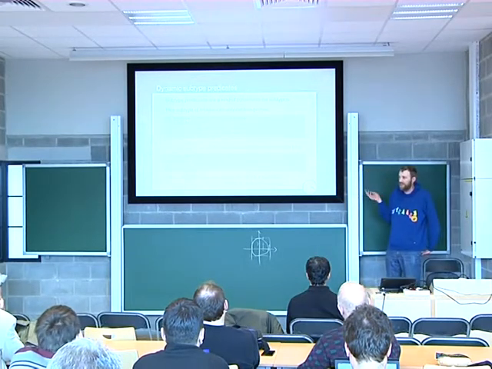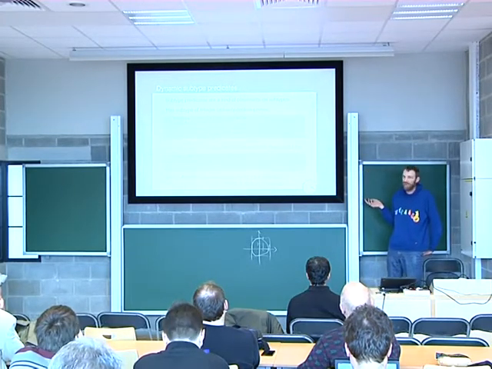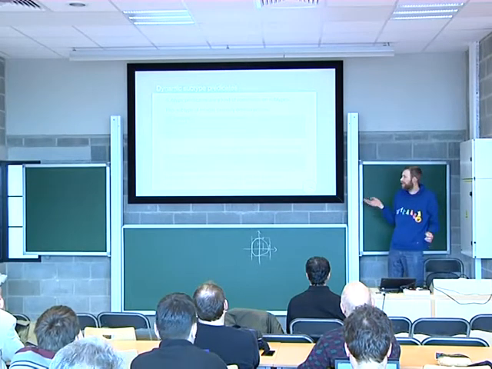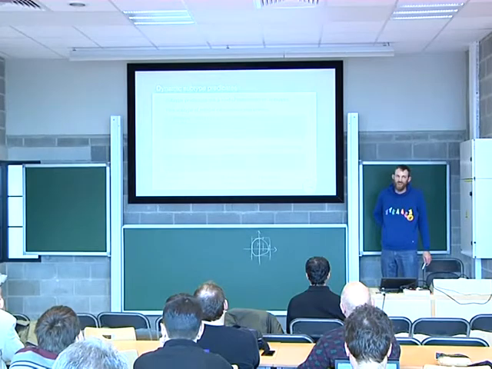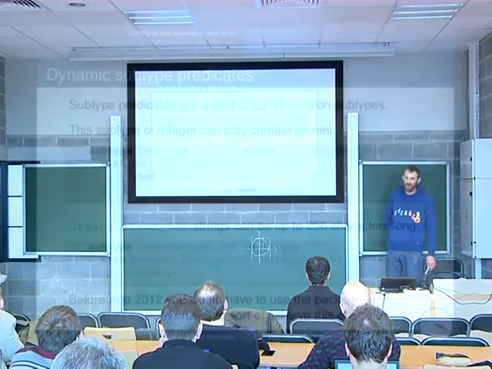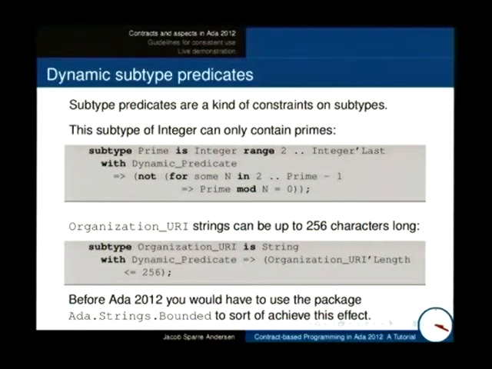In older versions of Ada, you could do something similar by creating a bounded string which could have length up to 256 characters. But with all the work of doing that, this is much easier.